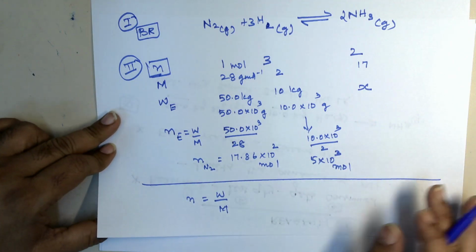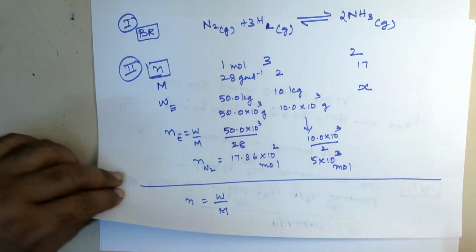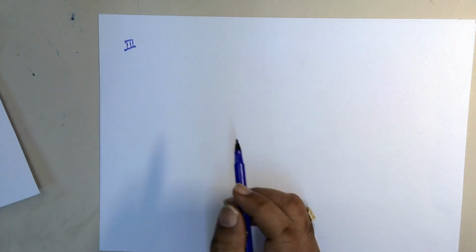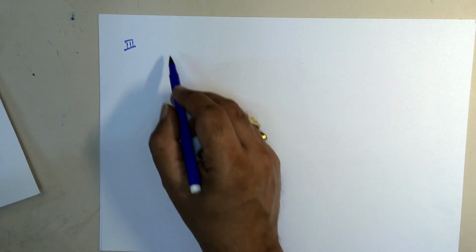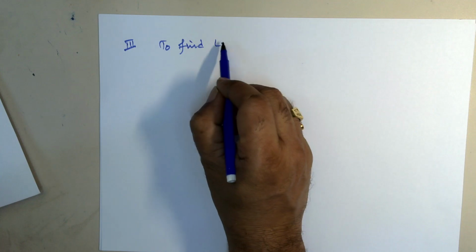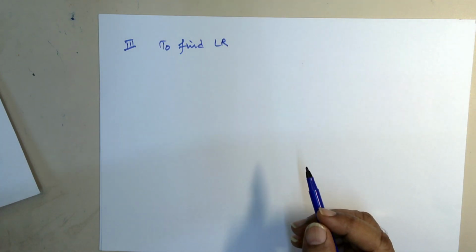Now we have to find the limiting reagent. We have worked out the number of moles. Now let us proceed further. Third step, take down: we need to find the limiting reagent.